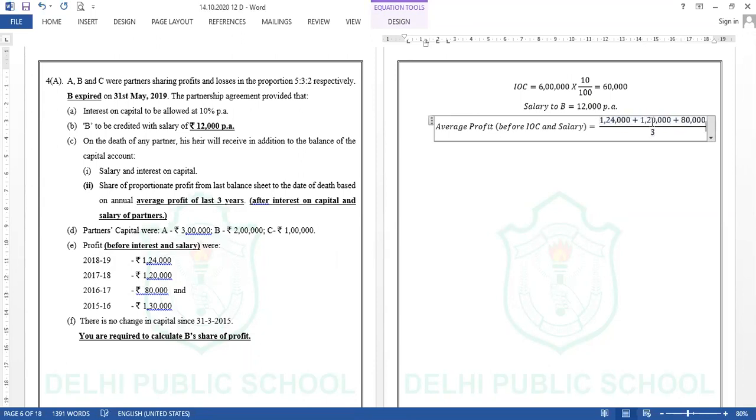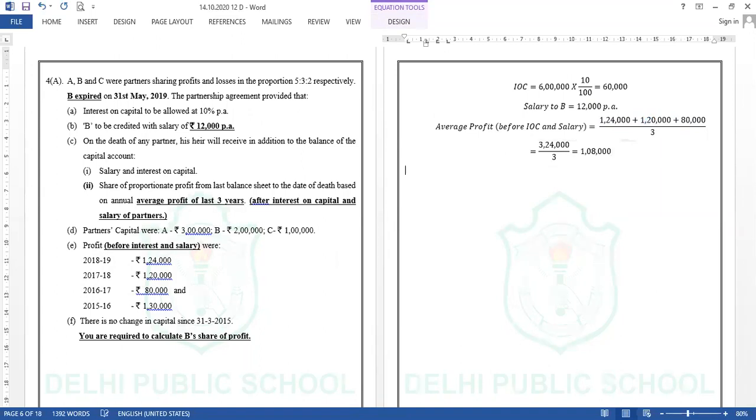Yes, anyone who can calculate the amount, please? Total is 3 lakh 24, divided by 3. Thank you, Raghav. So this will be 1 lakh 8,000. Right, Raghav? Yes, Raghav, sir.